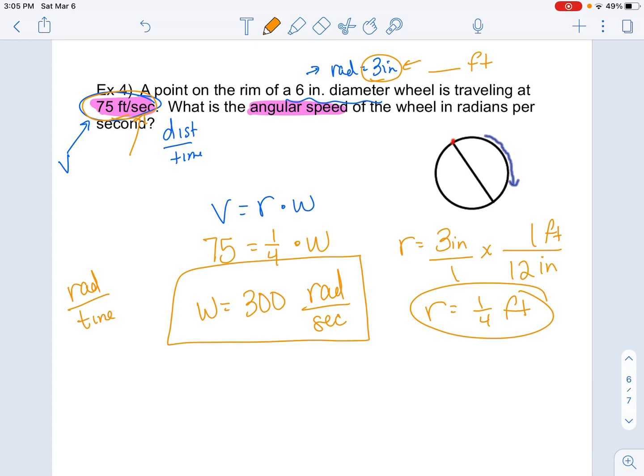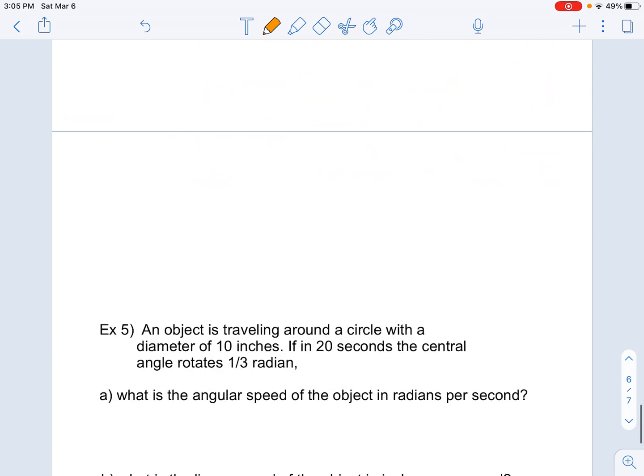It wasn't 75 pi, it was just 75. So even though we don't have a pi in our answer, that's okay. Linear speed or angular speed does not necessarily have to have a pi. So we've got our angular speed is 300 radians per second. Okay, so again, please be very careful with your units.